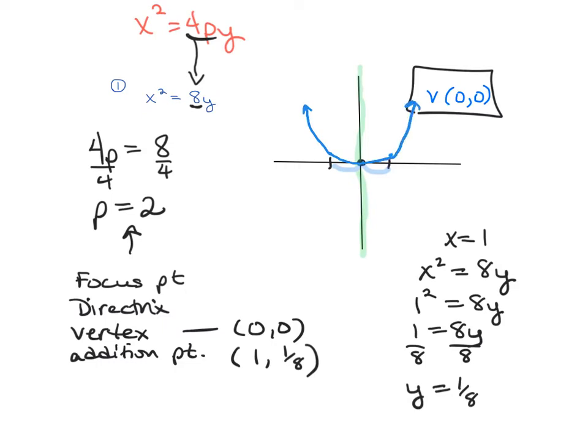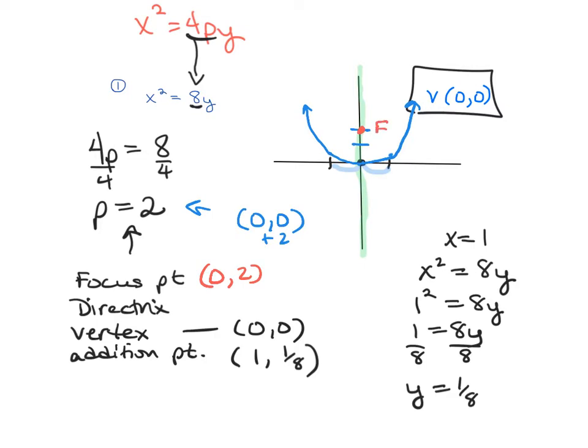Now, to get the focus point, I'm going to be using my p-value, which is 2, and I'm going to add that when it's opening up and down. I'm going to add that p-value to the y of my vertex, because remember, you're shifting it 2 units away from that vertex. So my focus point is the ordered pair (0, 2).